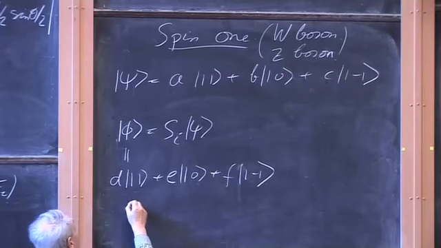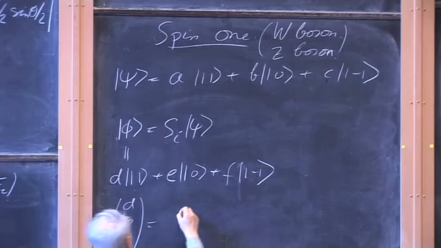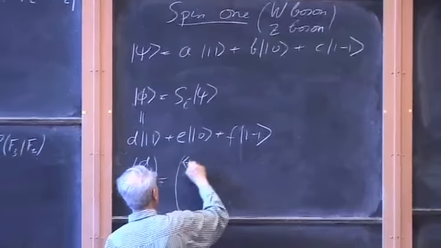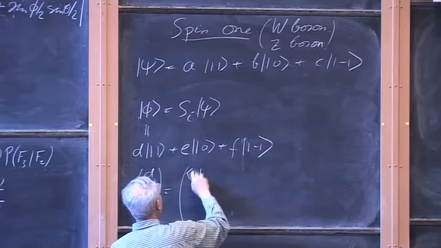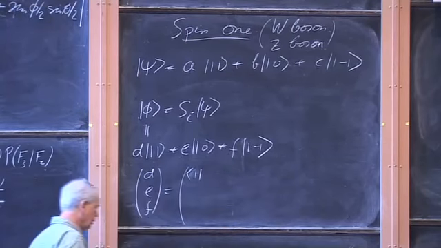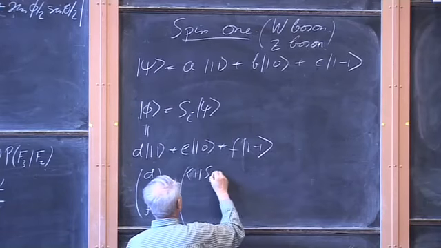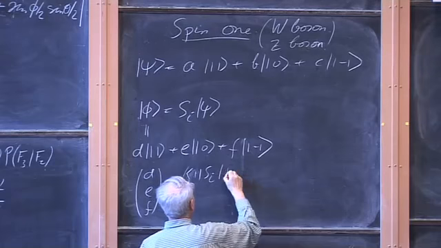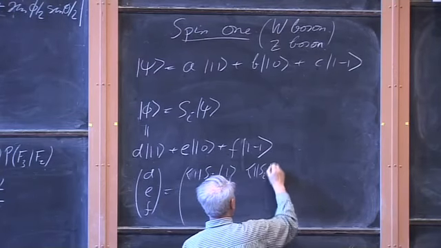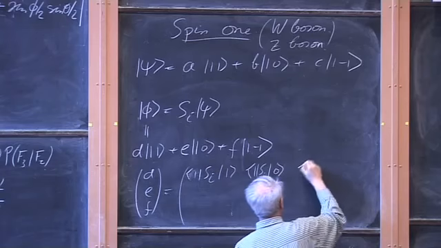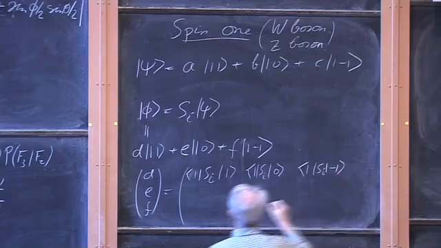We will have that D, E, and F are equal to a matrix, in which we will have <1|S|1>, leaving off the total angular momentum quantum numbers, then <1|S|0>, then <1|S|-1>, and so on and so forth.